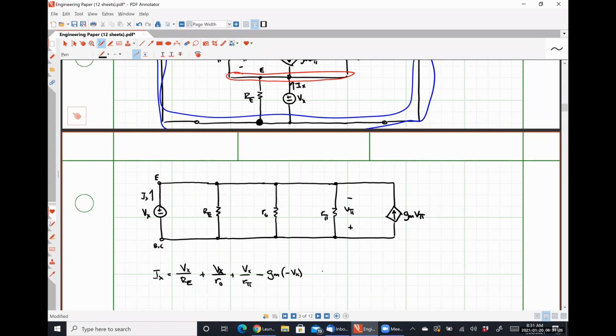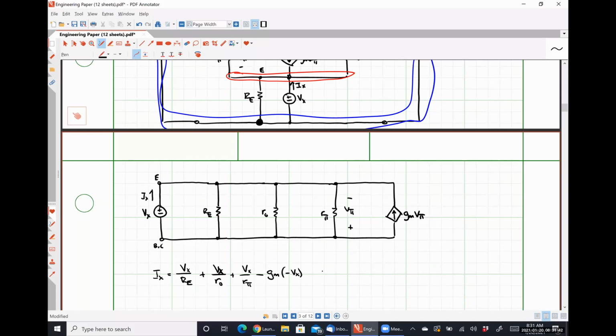Everybody okay with that? So I'm assuming all my resistor currents are flowing down. And because my dependent source current is flowing up, that's why it gets the negative sign.